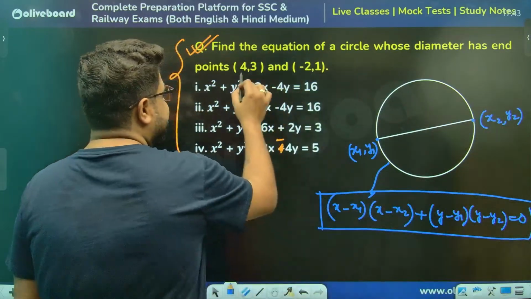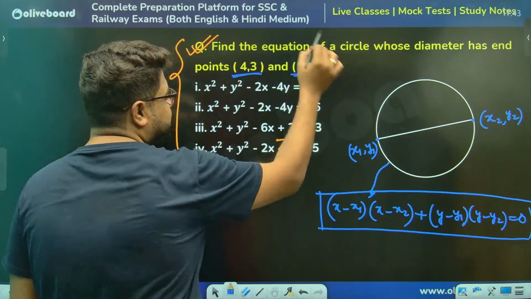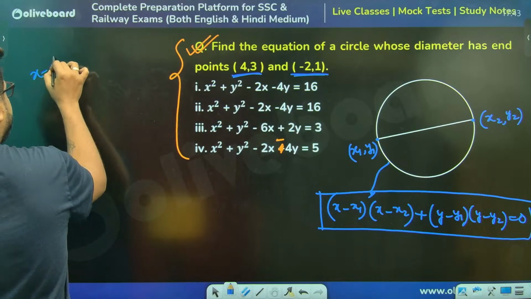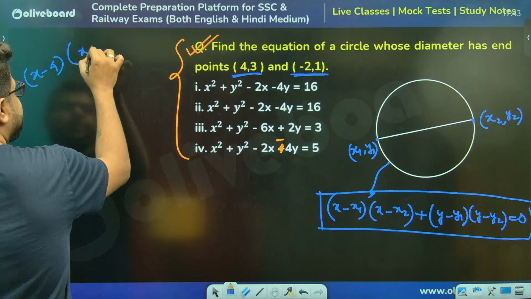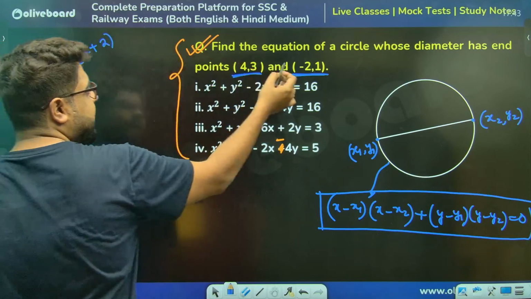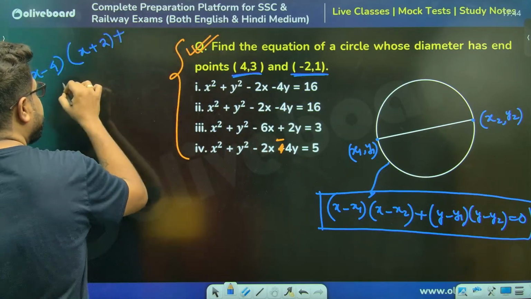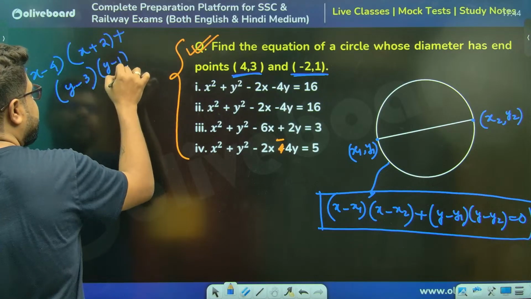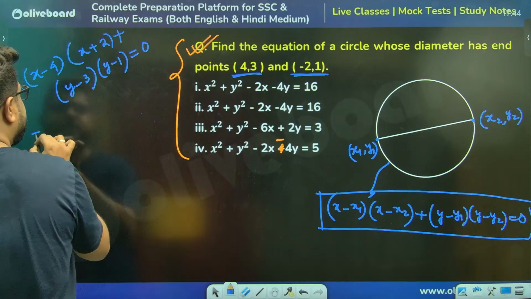Here x1, y1, x2, y2 are given. So (x minus 4)(x plus 2) plus (y minus 3)(y minus 1) equal to 0. That's your equation.